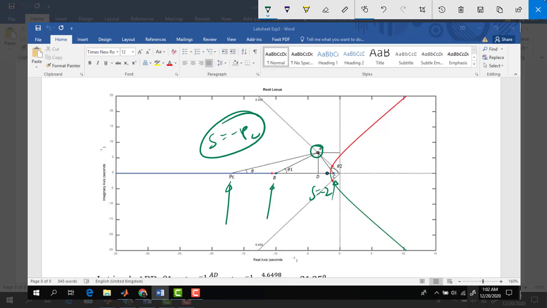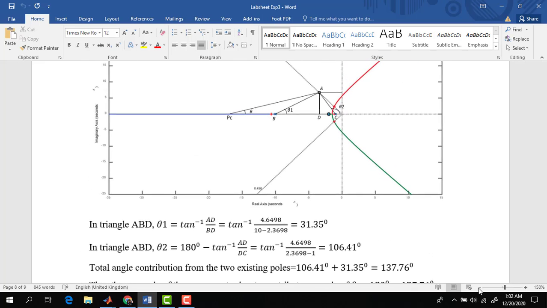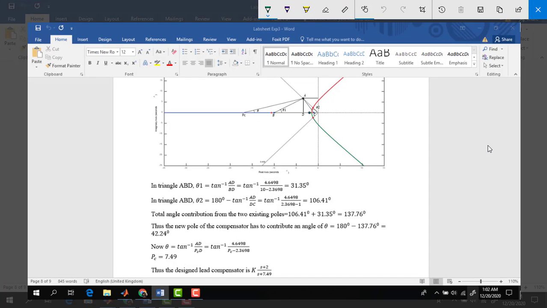So let me just use okay, so theta 1 is this angle, theta 2 is this angle. So you can easily calculate theta 1.